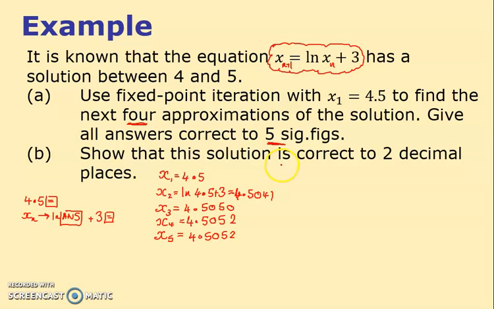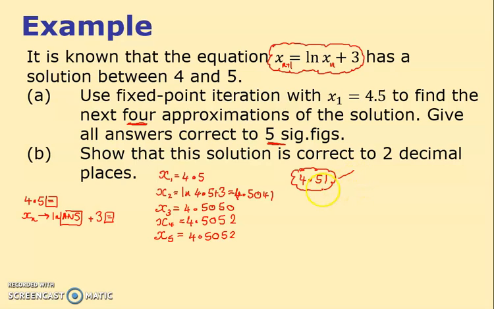Show that the solution is correct to 2 decimal places. Well, we can use a variety of methods. One, of course, that we saw in exercise 19a was called the change of sign method. So I suppose to 2 decimal places, we'd call this 4.51. So using that as my answer, what I'm looking for is to say that this is correct.